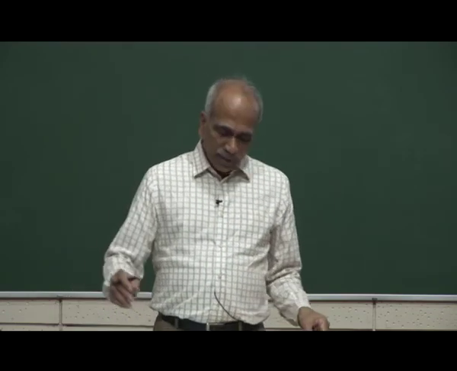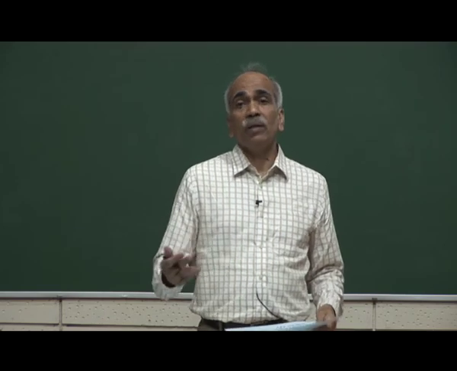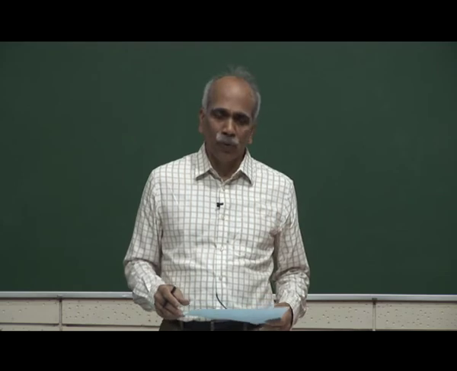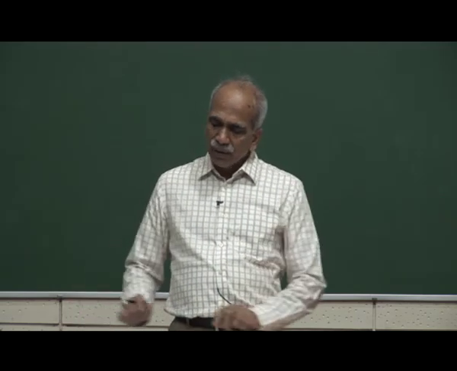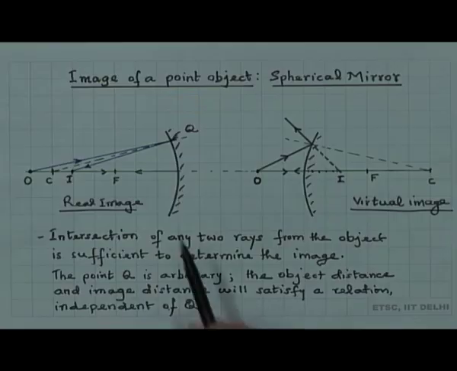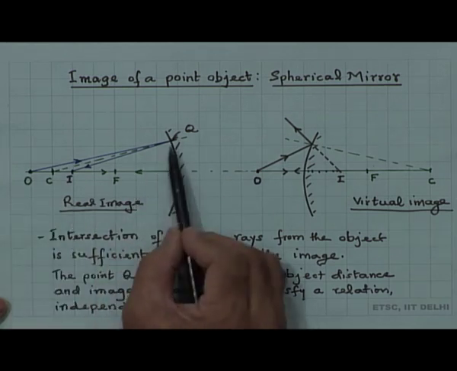Now, let us see the image of a point object in the case of a spherical mirror. So, here is the spherical mirror, here is the point object O, and we consider two rays.